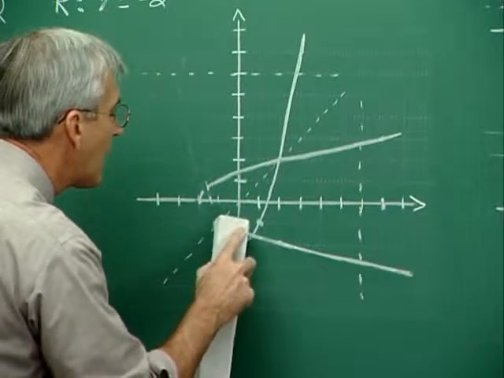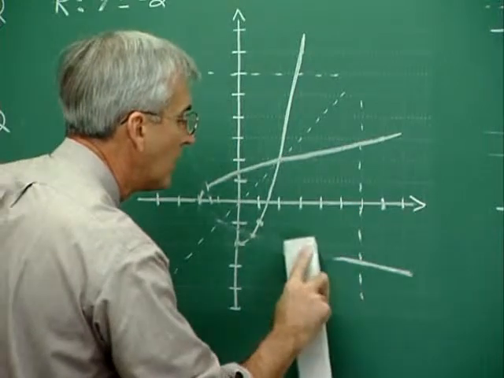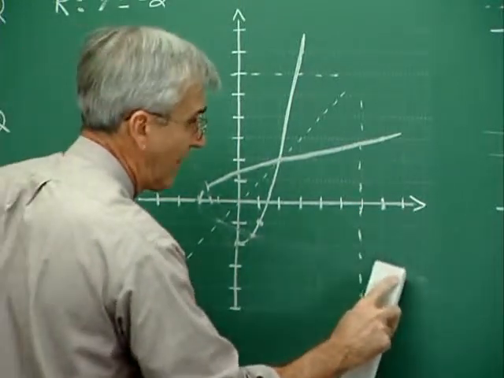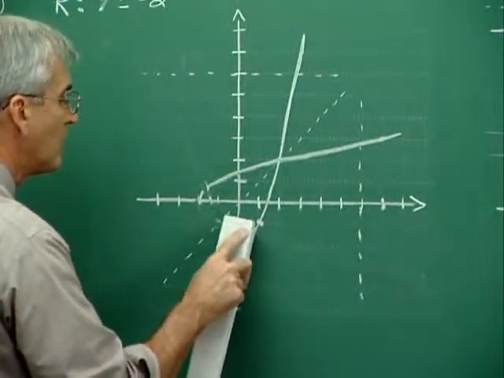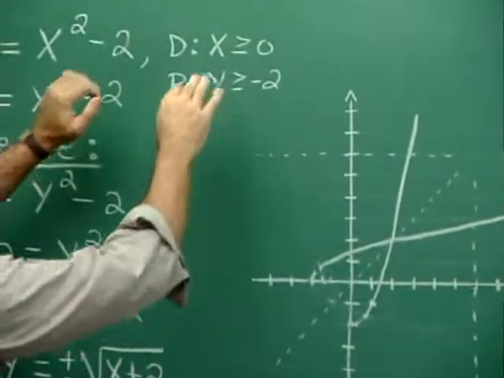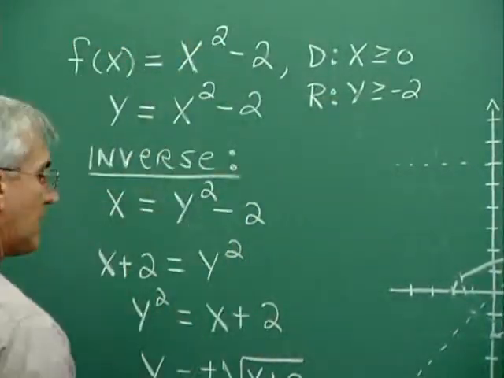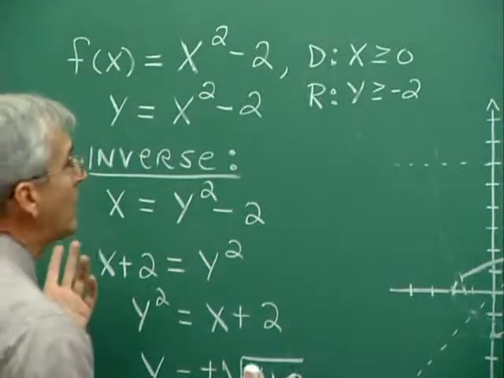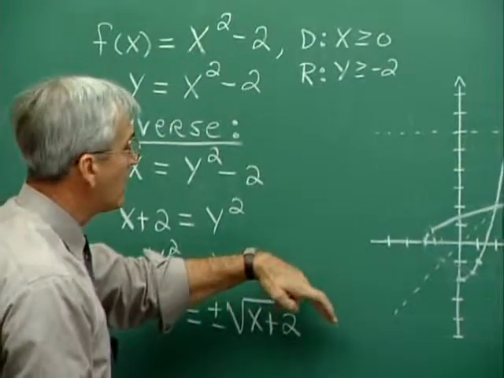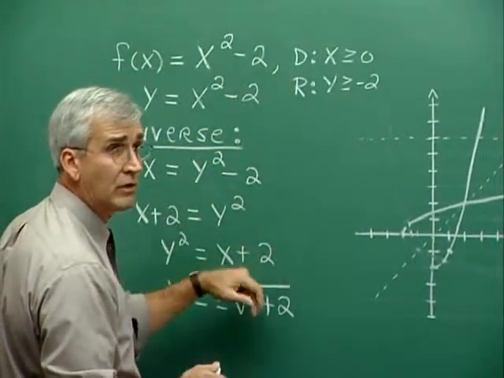Now let's see if we can verify that idea algebraically. We know conceptually that this is what happens with functions and their inverses graphically. But what about algebraically? Okay, we have a domain and range that we've identified for the function. We go through this inverse process. Now, we just talked about the notion that the domain of the function becomes the range of the inverse, and the range of the function becomes the domain of the inverse.